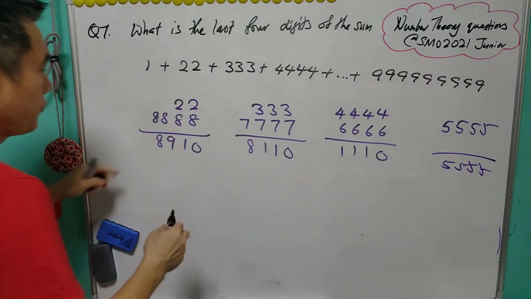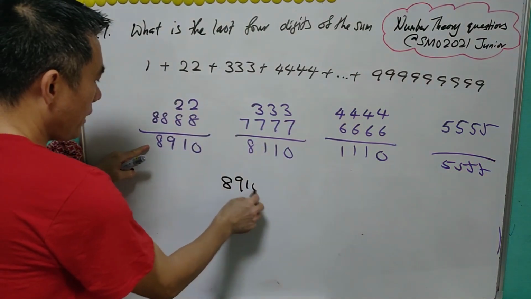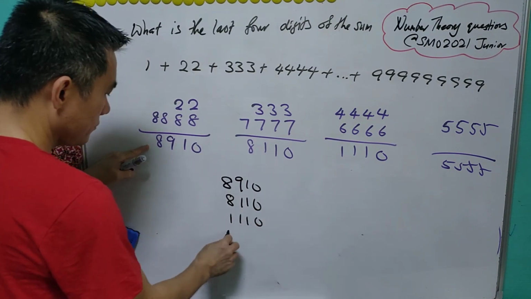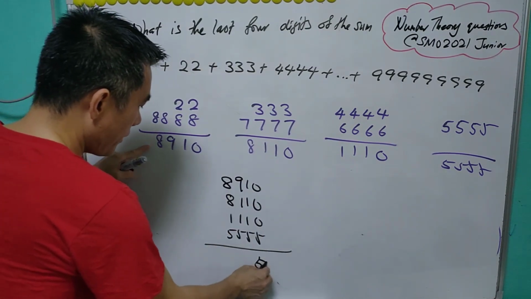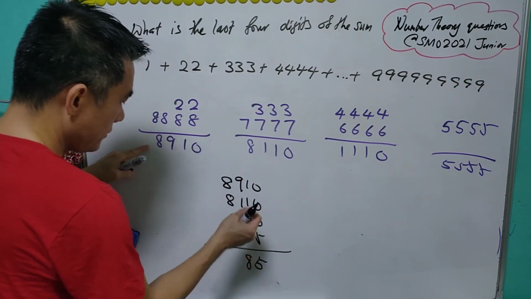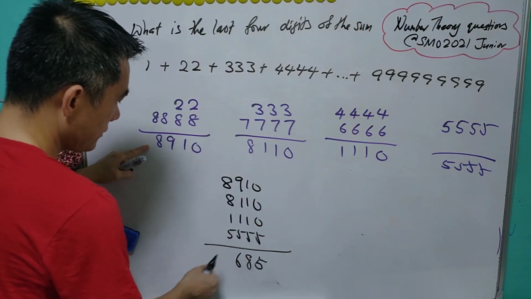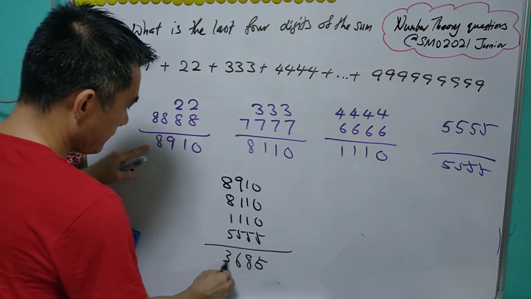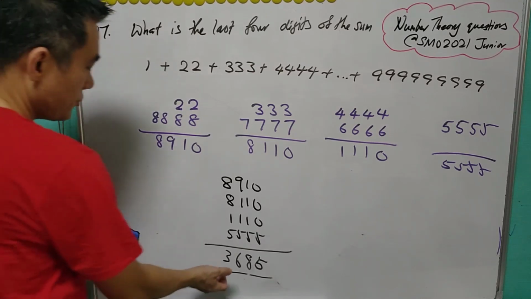When you add up these, we will have 5, 8, 6, and 3. So the answer for question 7 is 3685.